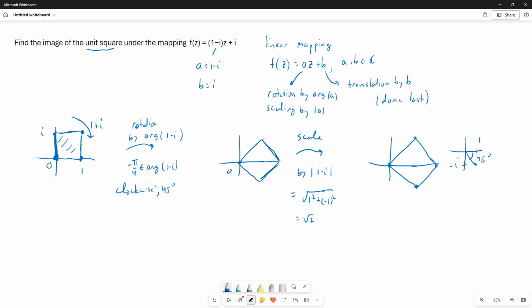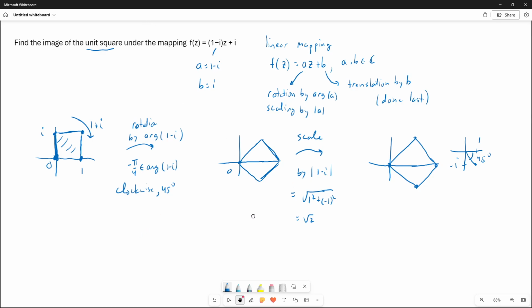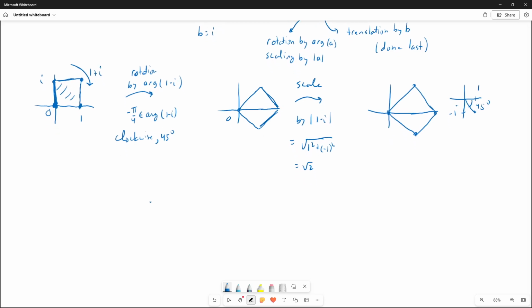And now we'll do the translation. So now, finally, we will translate by i, because b was equal to i. We just add i to each of these points, which means we move them up 1 unit vertically.